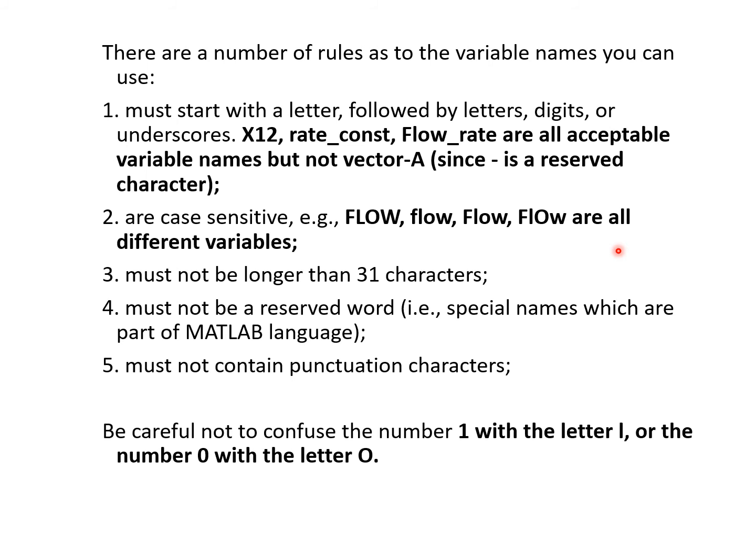So these are some of the examples. x12 is allowed, rate_const is allowed, flow_rate are all acceptable, but not vector-A, since vector-A uses a subtraction command. You cannot use this since the dash is reserved for subtraction.